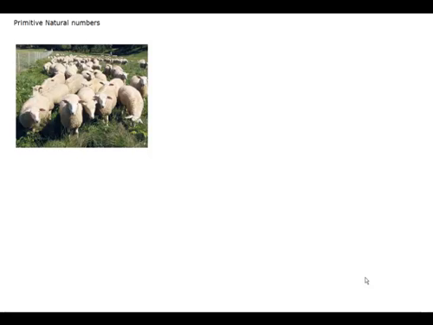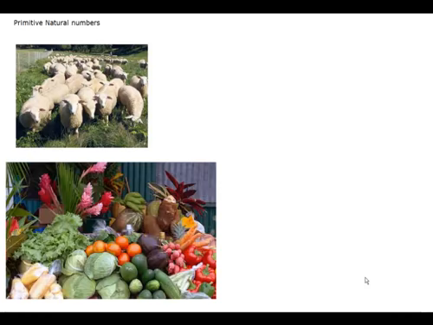Counting was needed for such small things, or for keeping track of agricultural produce, as you see now on your screen. If these were the simple requirements of primitive humans, how did they do it?